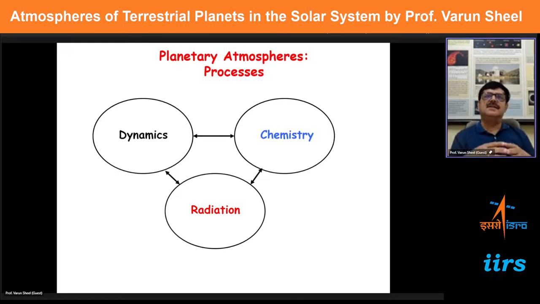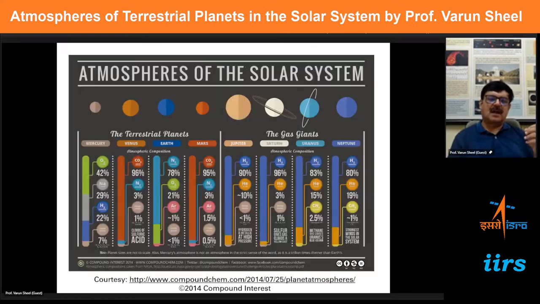Our country is experiencing the southwest monsoon, which is a larger scale circulation. So all this comes under the purview of dynamics. So basically, the entire study of planetary atmospheres involves a lot of physics and, to some extent, a little bit of chemistry.